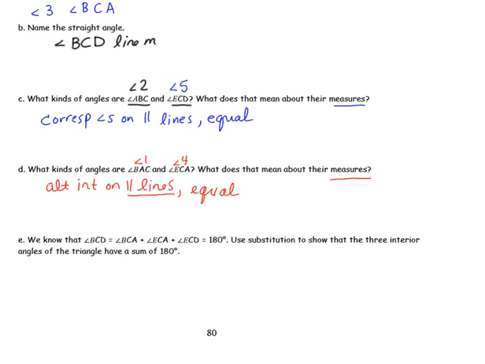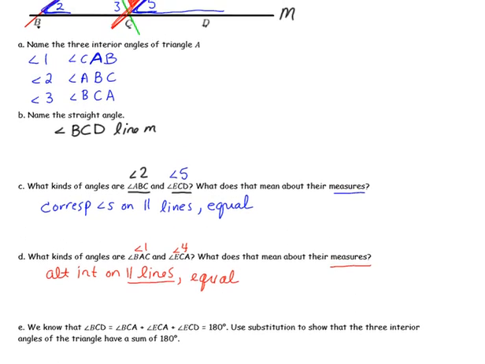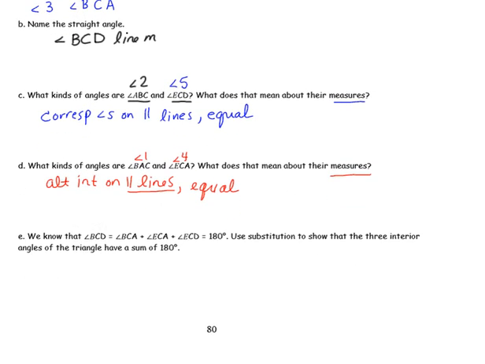Question E. We know that the measure of angle BCD, now remember that BCD is our straight angle, is equal to BCA, which is this angle, plus ECA, which is this angle, plus ECD, which is this angle, and that is 180 degrees.